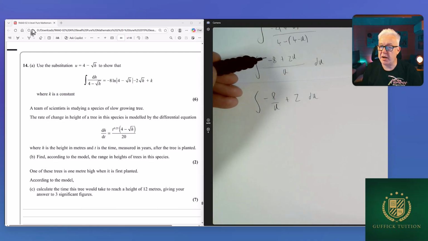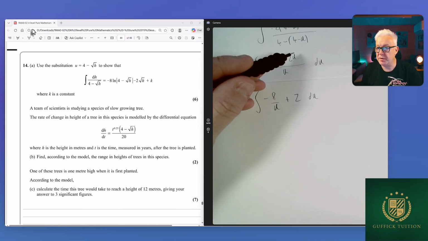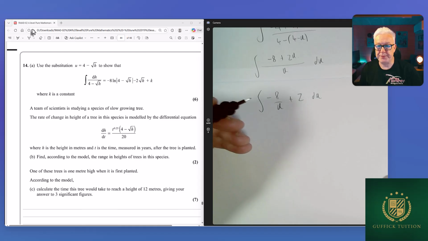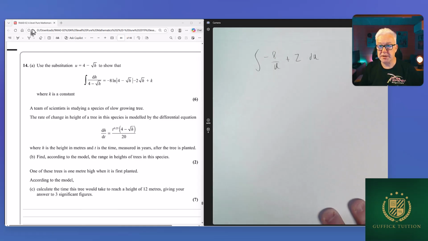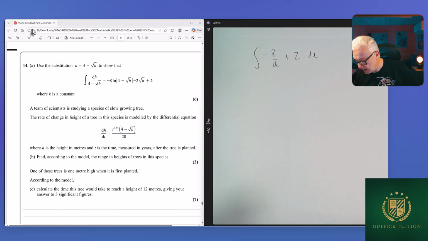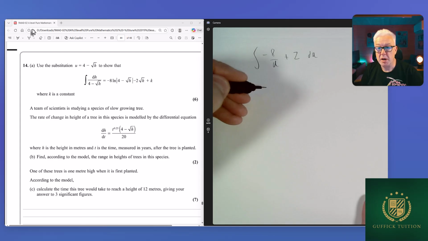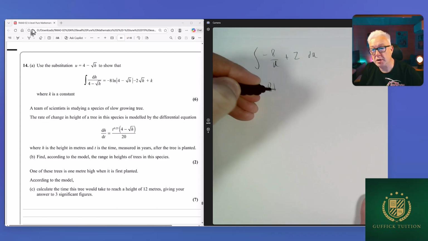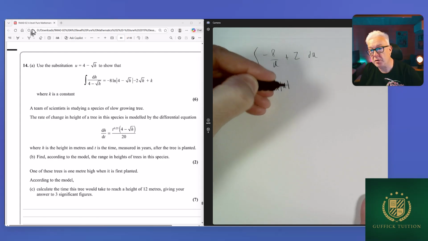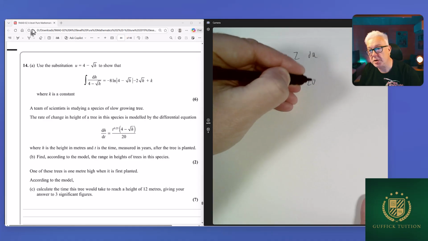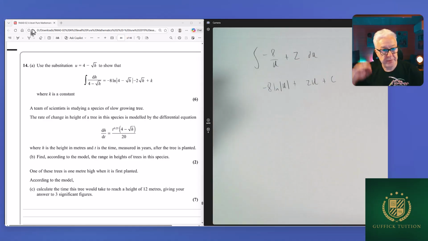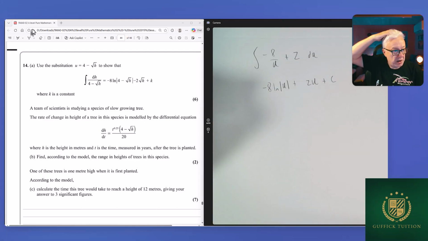When we break that down, think of it as minus 8 over u plus 2u over u. So now we can integrate this. When we integrate this, this is now going to go to minus 8 ln modulus of u plus 2u plus c. So that's looking so far so good.